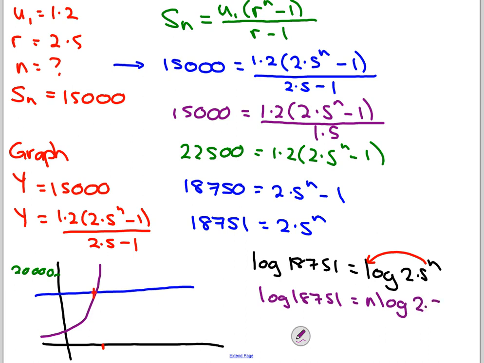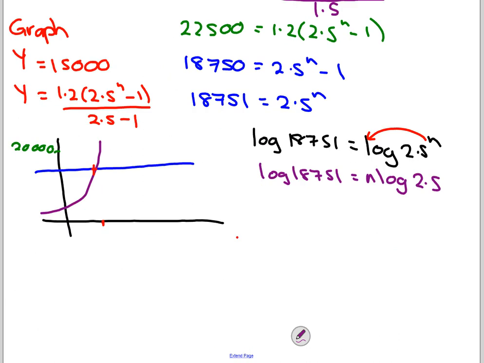I need a bit more space. So you obviously don't have that much space, sorry. And then how would you solve for n? Yeah, just take that and divide it by log 2.5. Log 18,751 over log 2.5.